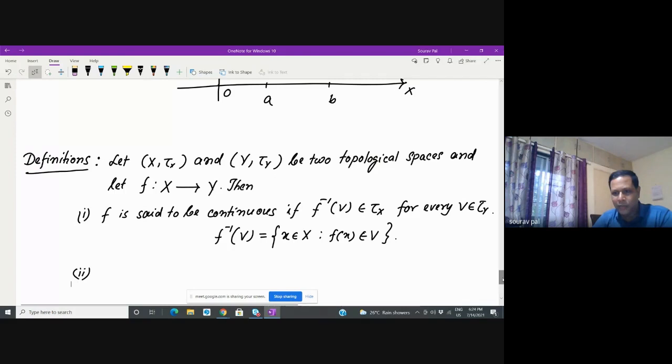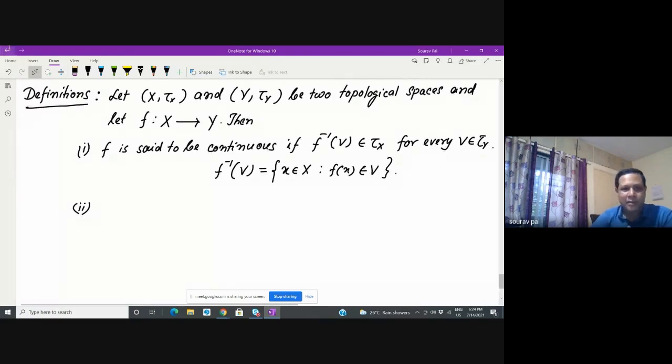Now this is what is called continuity on a topological space. Now, how do you define continuity at a point, like the way you have defined it in your real analysis?